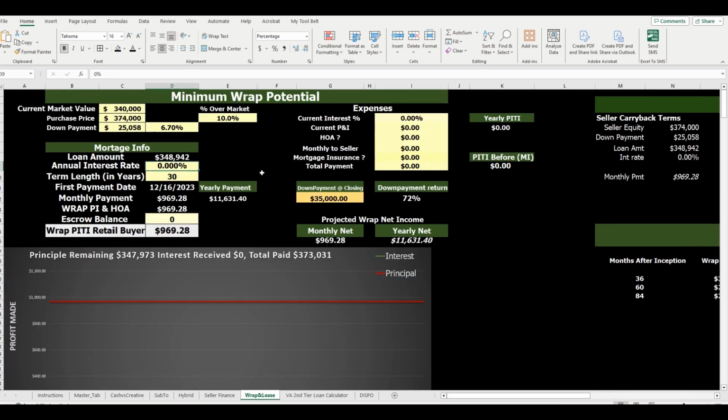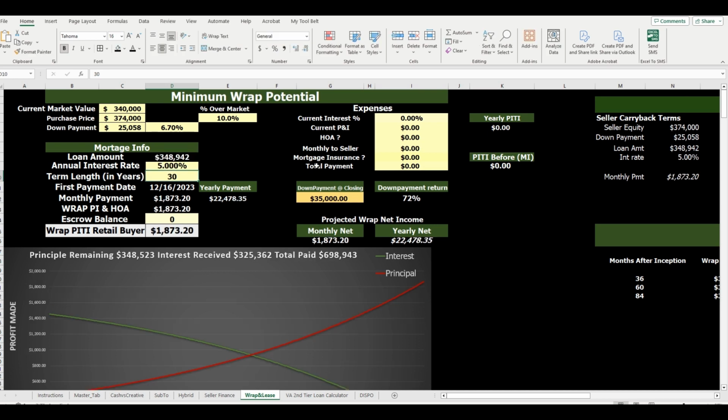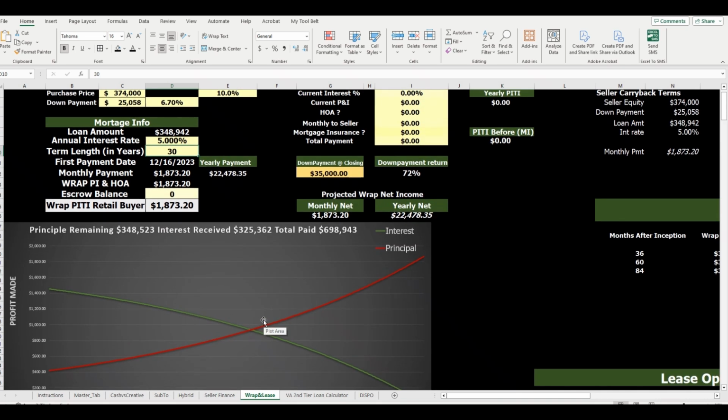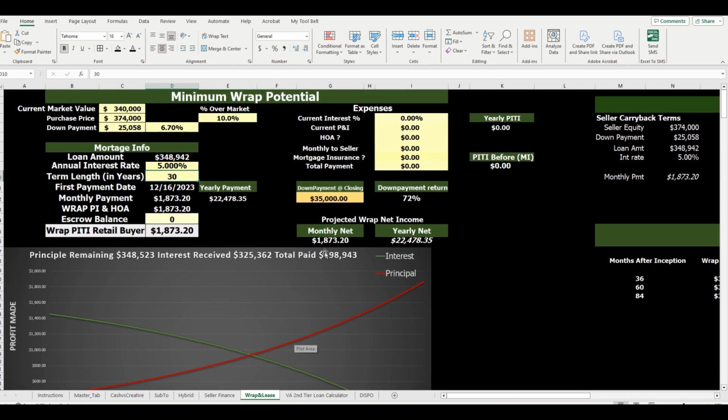So now I'm going to adjust my interest rate to, let's say, maybe 5%. And we can see that we've got some auto-populated figures. We're not quite done yet. We're going to fill out this right-hand portion of the column here. And I'm going to throw in the current interest rate on my underlying sub-2 that I'll be taking over. So it'll be 2.99%.